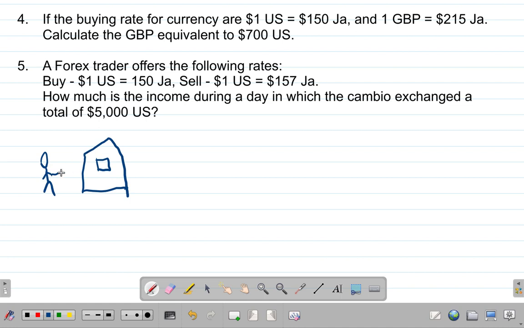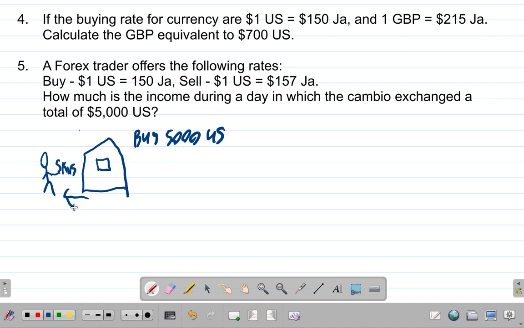So they offer 5,000 US, 5K US. So you buy 5,000 US.